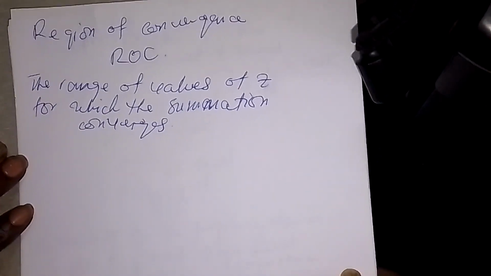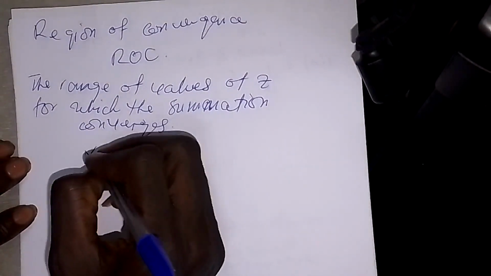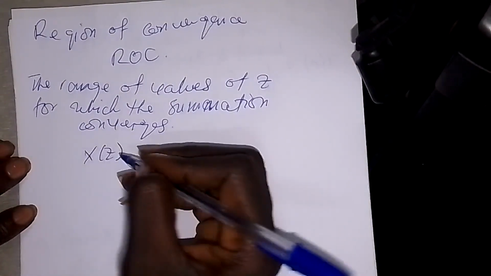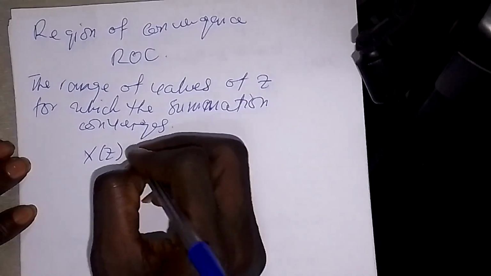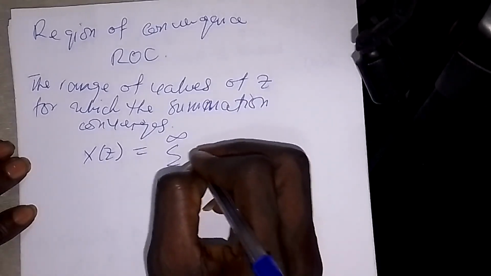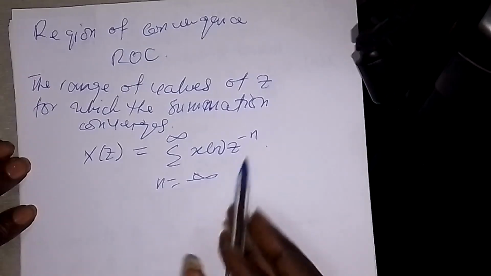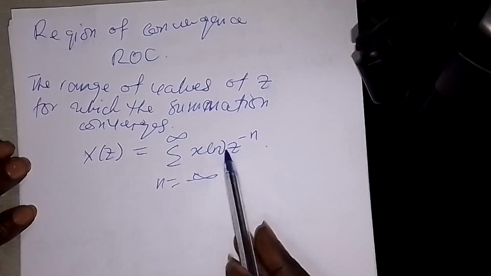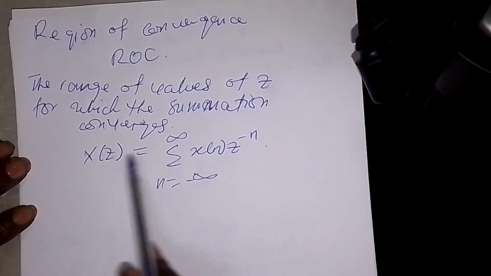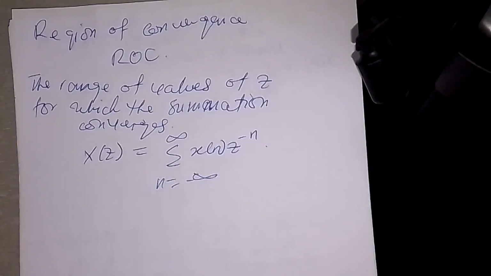Which summation? The Z transform summation, n equals minus infinity to infinity of x of n times z to the minus n. The range of values of z for which this summation converges is called the region of convergence.